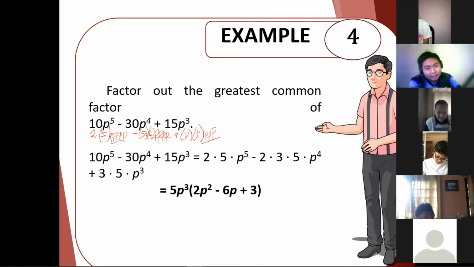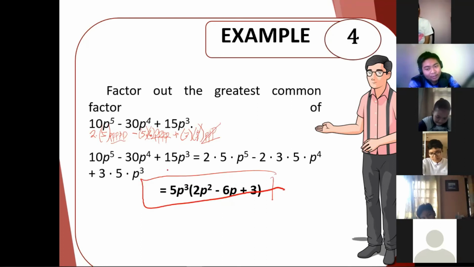Minus, tinanggal mo si 5, tinanggal mo yung tatlong p. Ilang matitira? 6p. That would be negative 6p and then plus, tinanggal mo yon, natira 3. So the answer would be 5p cubed times 2p squared minus 6p plus 3.